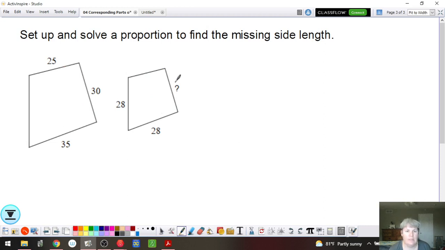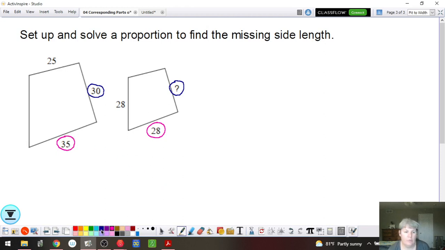So I need to identify what corresponds with this question mark. And if I look at my shape, the 30 is going to correspond to the question mark. And then I just need one other pair of sides that has a complete ratio. I have this 28 that corresponds to the 35.